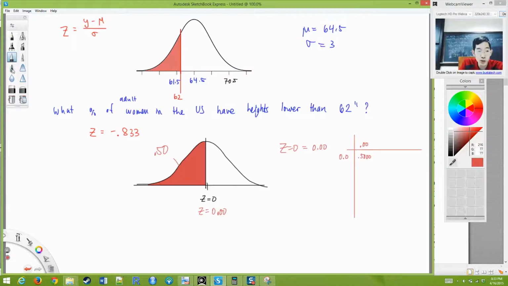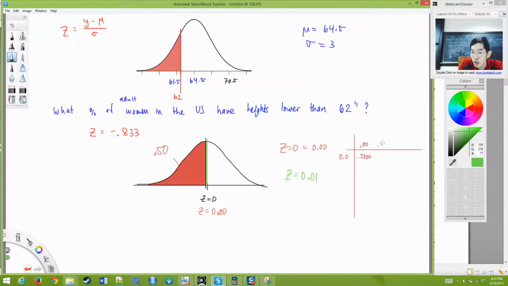Now if I go over 1/100th to the right, let's change colors here. If I go over here and I shade this in, so I just have a tiny bit more, that tiny little green sliver, and I'm using z equal to 0.01, so I've gone over just 1/100th of a unit.